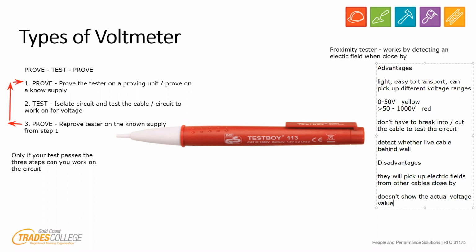And the problem is that the larger the voltage, the larger the electric field. So you will find that if you hold a tester close to a switchboard, it will work before you get anywhere near the switchboard.